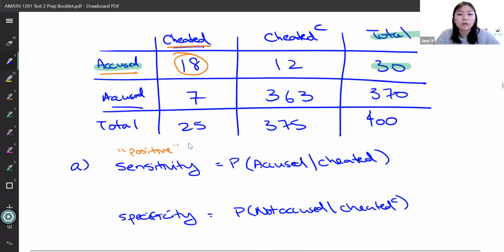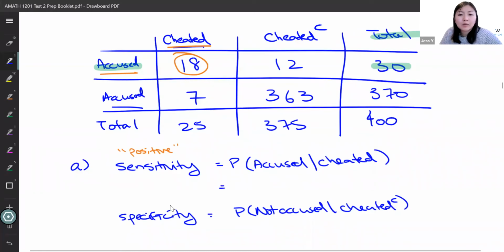Refer to the table, figure out what these probabilities would be. Okay. Just for time's sake, I'm going to start taking it up with you guys.